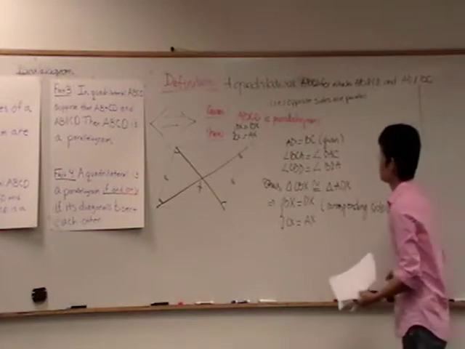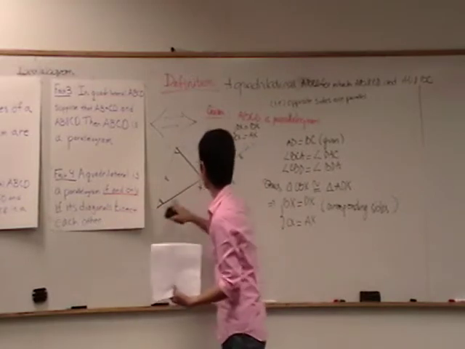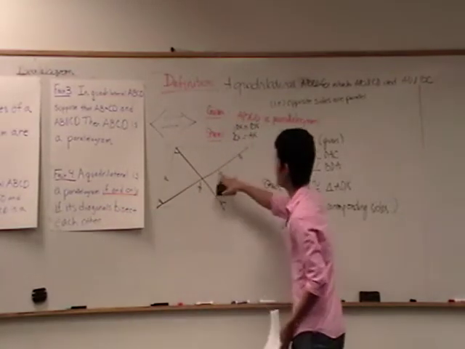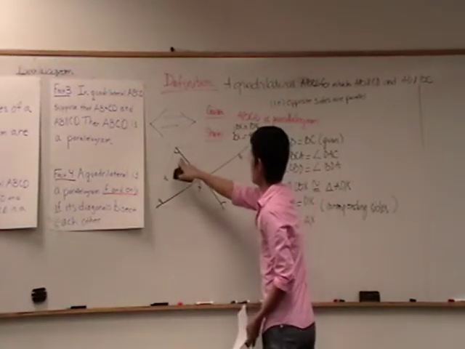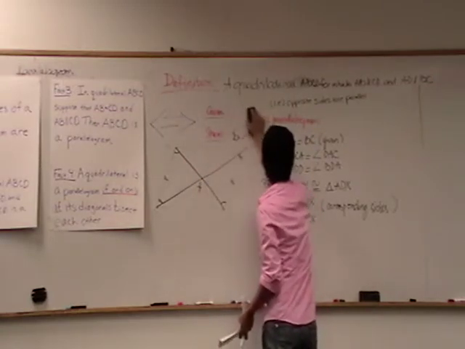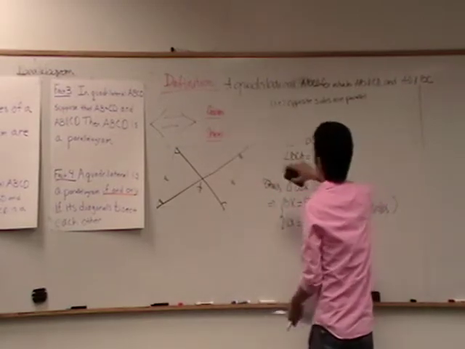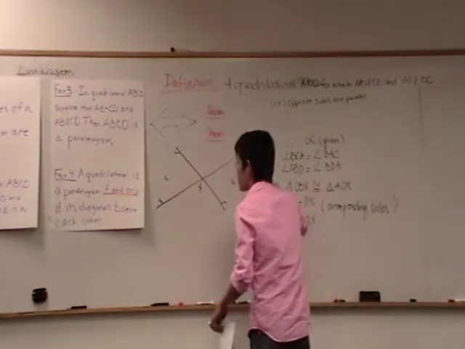And now we have to show, if the given is DX equal BX and AX equal CX, that ABCD is a parallelogram.